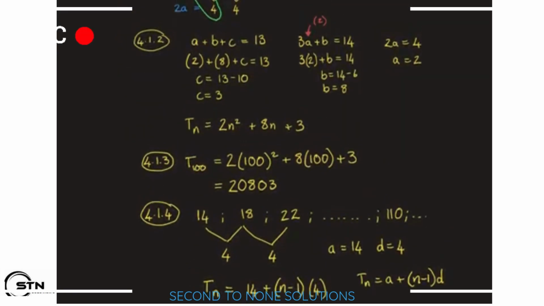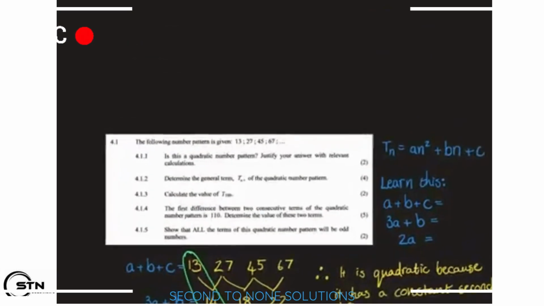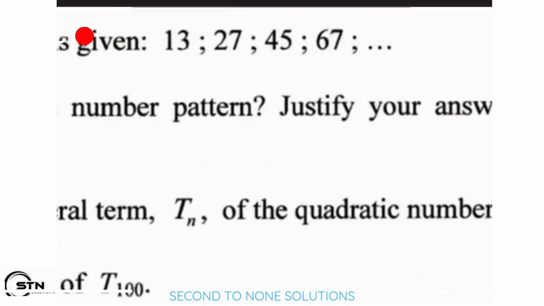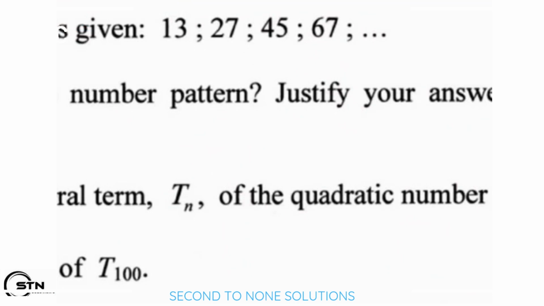Let's conceptualize that a little and go back to this over here. So the first difference over here we know was 14, and then we knew it was 18, and then we knew it was 22, and it would have been 26, and then it would have been 30.